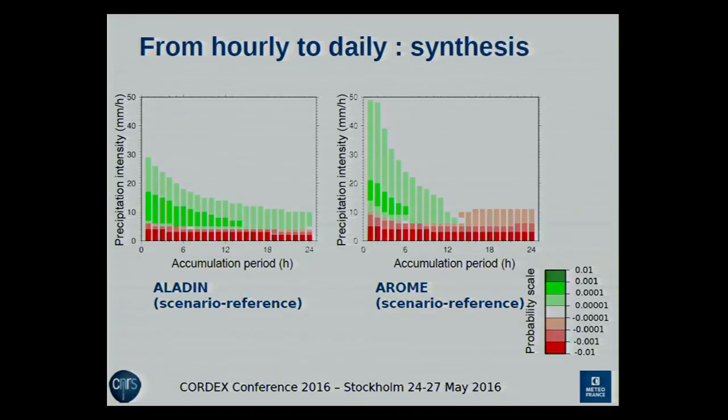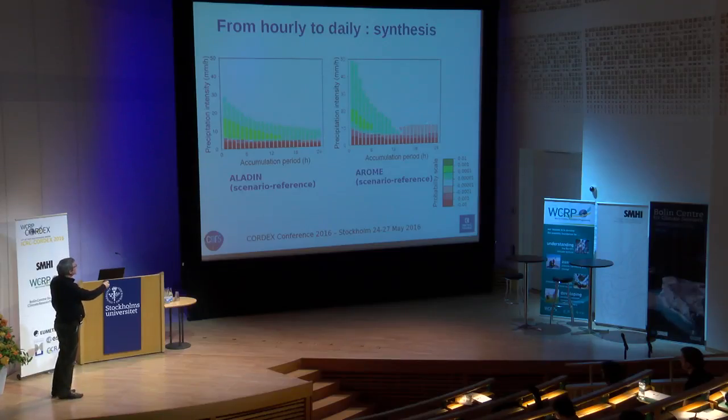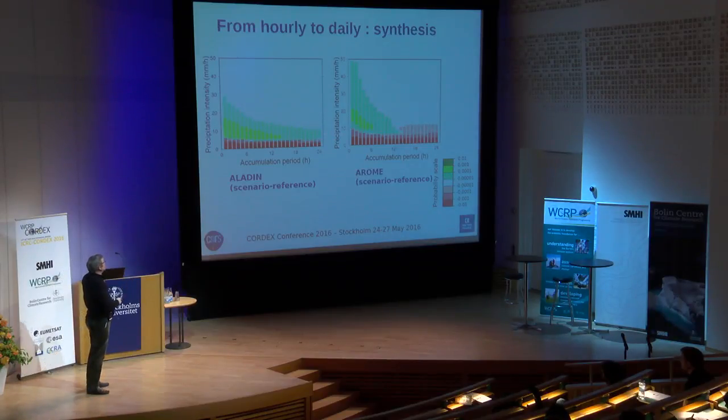This is the case of Aladdin. So whatever the time scale you consider, the extremes are increasing. If you look at AROM, it's different. With AROM, we have an increase in probability for hourly or 2 hourly accumulations, or up to 12 hourly accumulations. But beyond, we have a decrease even for the heaviest precipitation.